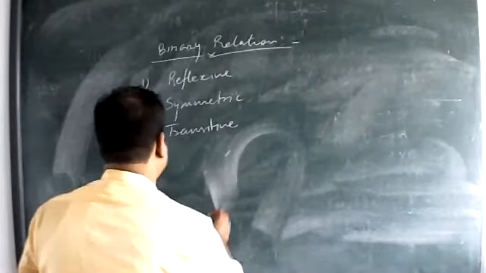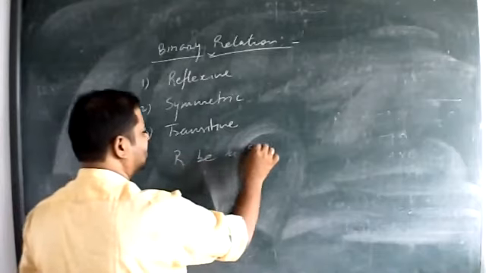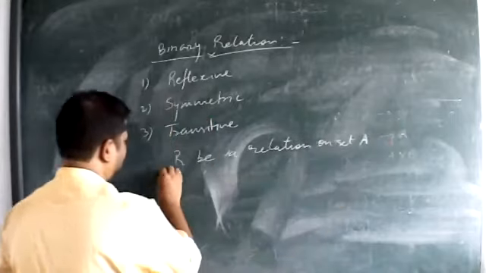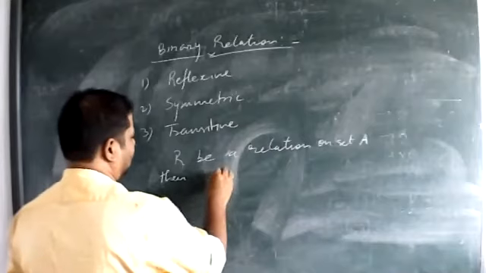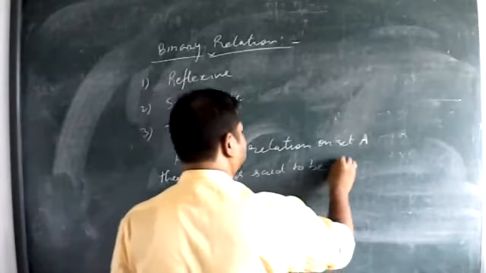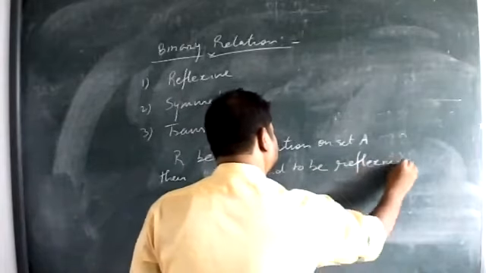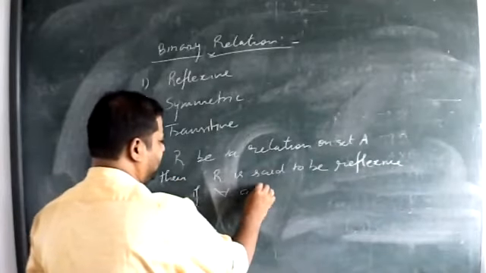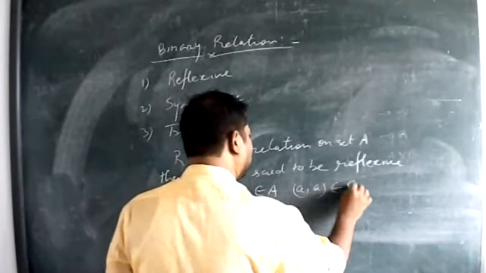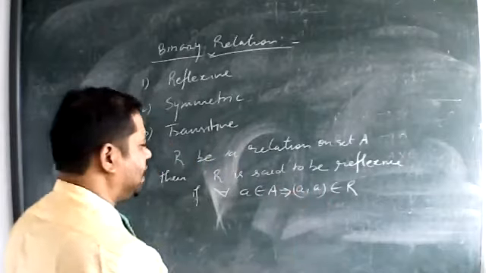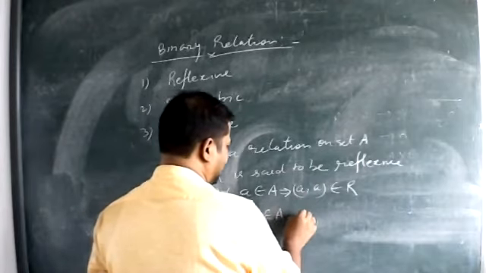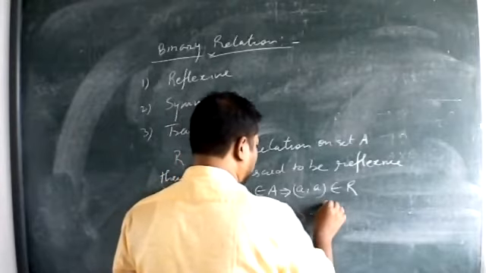What is reflexive relation? Let R be a relation on set A, then R is said to be reflexive if for each a belongs to A, (a, a) belongs to R. That means for each a belongs to A, is a related to a.